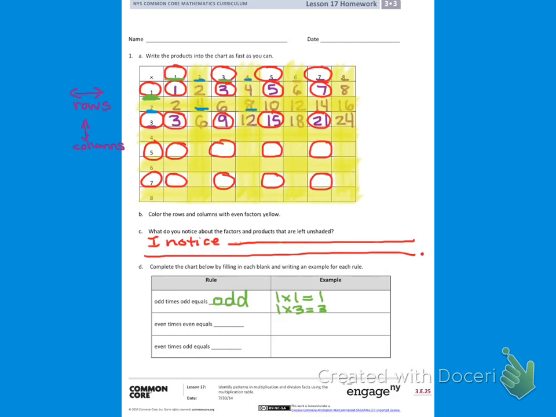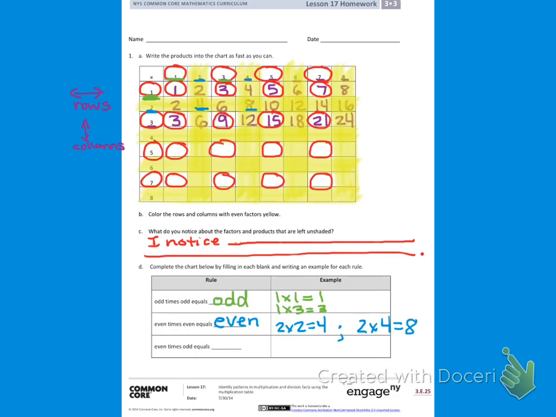Okay, so an even times an even equals even. And I'll list the example 2 times 2 equals 4. I'll list another example. 2 times 4 equals 8.